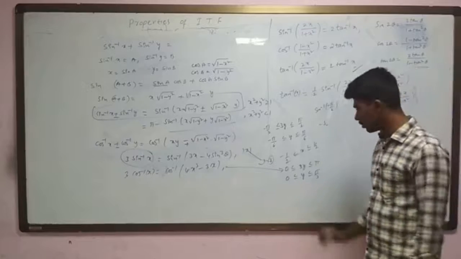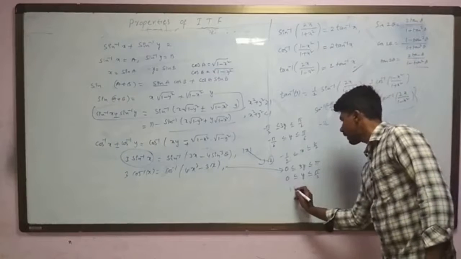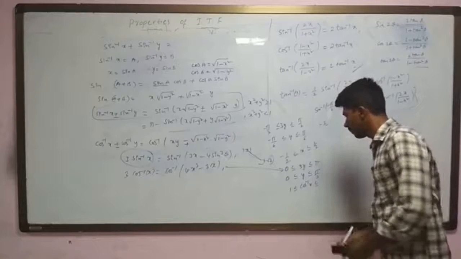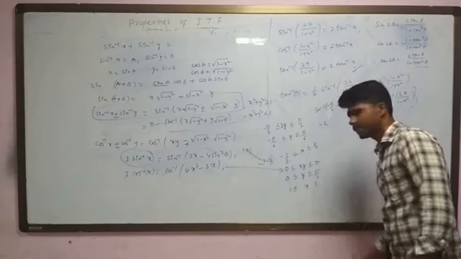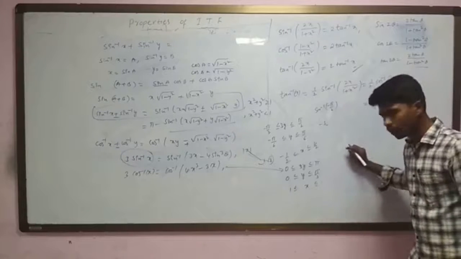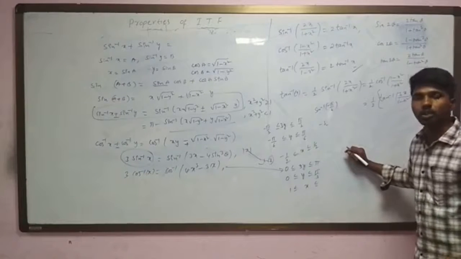Now apply cos. Cos 0 is 1, so 1 less than or equal to x, less than or equal to cos pi by 3.